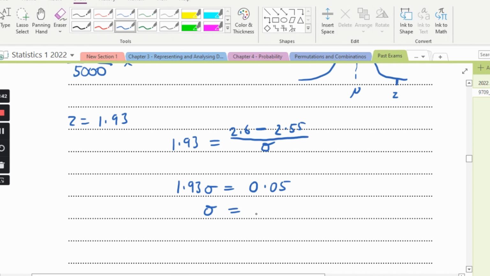I'm getting 0.0259 for this to 3 sig figs. Perfect.